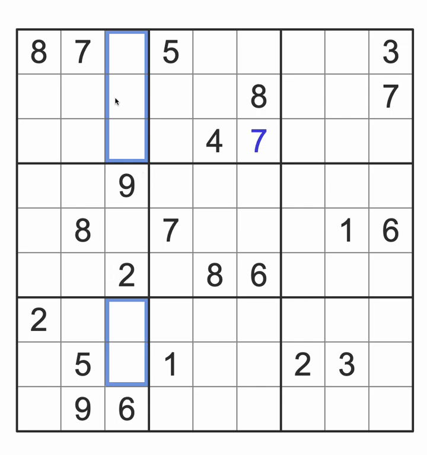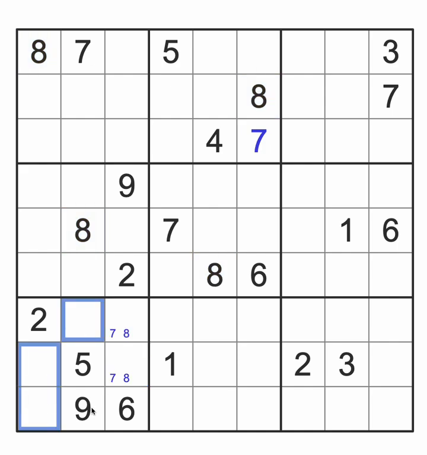It's a double of 7 and 8, because this 7 and 8 in box 1 block these 3. This 7 and 8 on row 4 blocks this cell. So 7 and 8 on column 3 have to use these two cells, which gives me 3 numbers for these 3 cells, which are 1, 3, and 4. Here's 1 and 3, so this is 4.